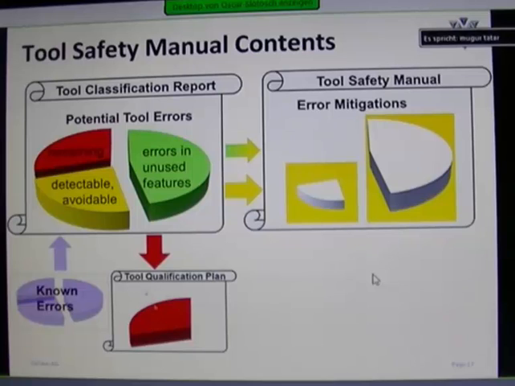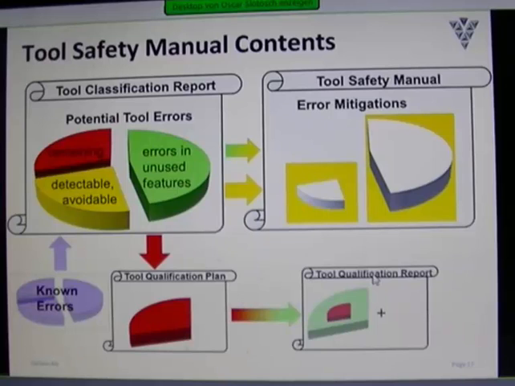Well, you do this by validation, but the main goal is to show the absence of those, we sometimes call them critical potential errors. Then you run the qualification somehow, I will come to this later, and then you get a tool qualification report that says, well, the tool is basically okay, but we did find one or two smaller issues. For those smaller issues, it's easy to have workarounds, but we didn't find anything else.